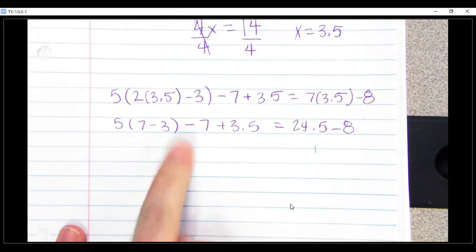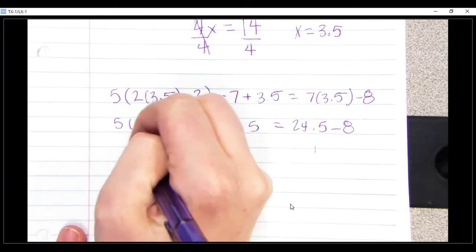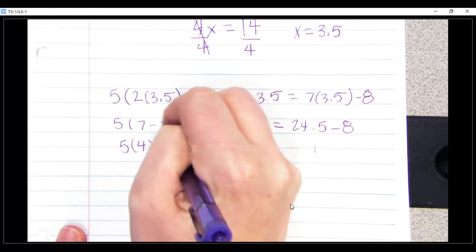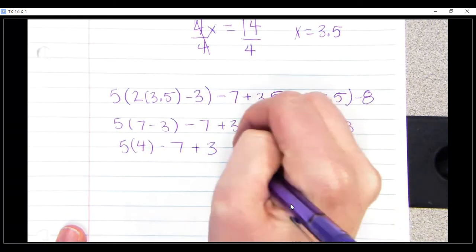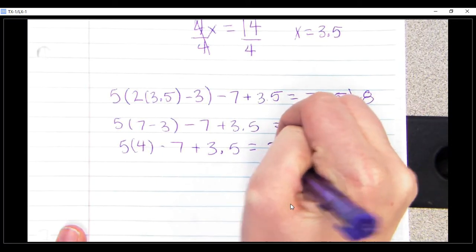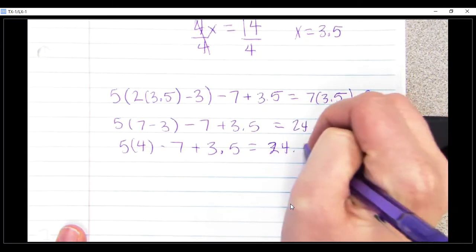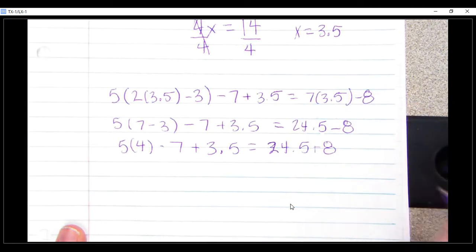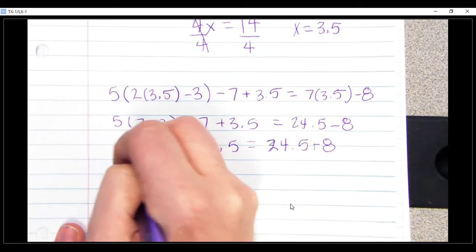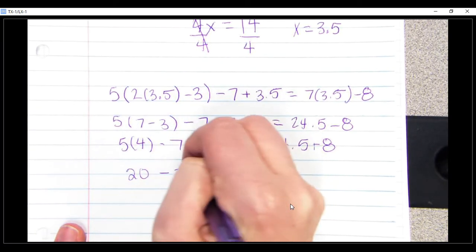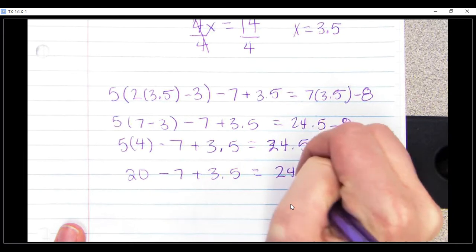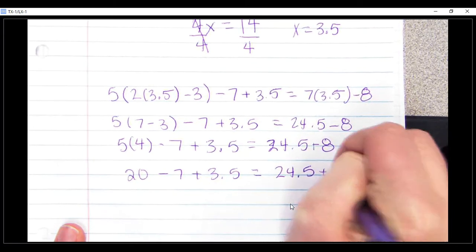Gotta still do what's inside my parentheses, and I'm going to do 5 times 4. Write down everything else. Of course, you could combine some steps, but I'm just kind of laying it out so you can see what I am doing when doing order of operations. Now I can multiply to get 20 minus 7 plus 3.5 equals 24.5 plus 8.